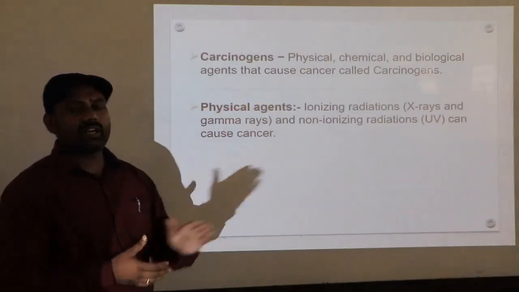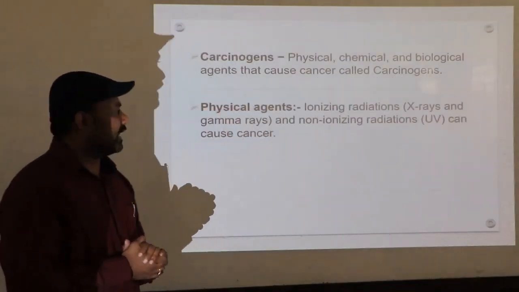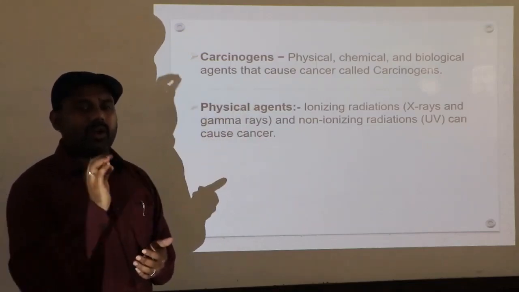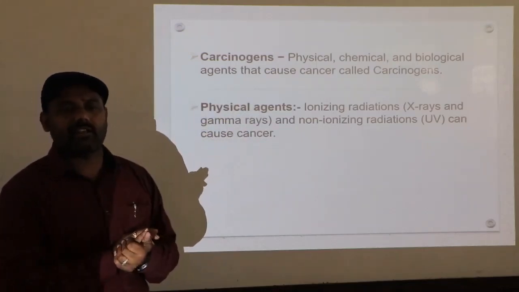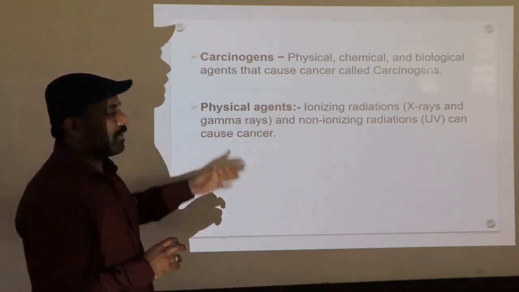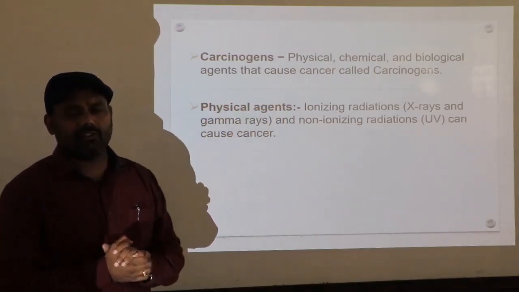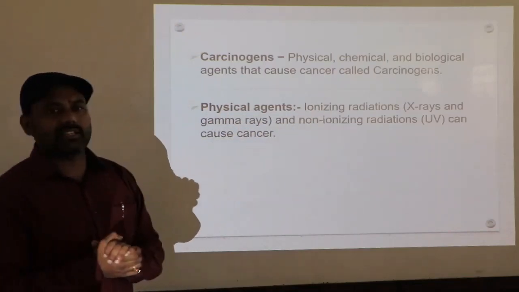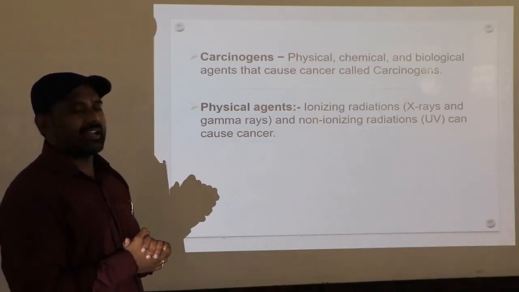First one, physical carcinogen or physical agents. We have radiations. In that, one is ionizing radiations and another is non-ionizing radiations. Both come under physical agents or physical carcinogens. Ionizing radiations include X-rays and gamma rays.